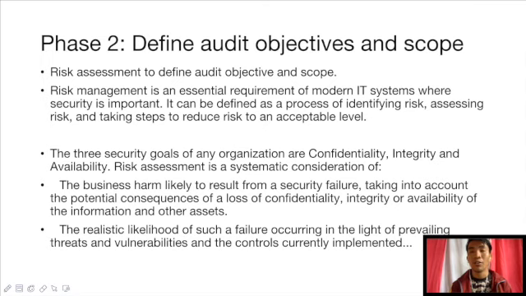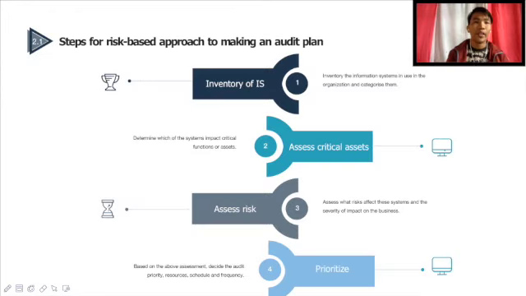It's available also at UNDP and ISACA.org. Yan. So, how are we going to do a risk-based approach to making an audit plan? So, number 1, make an inventory of the IS systems used in the organization. Then categorize them.